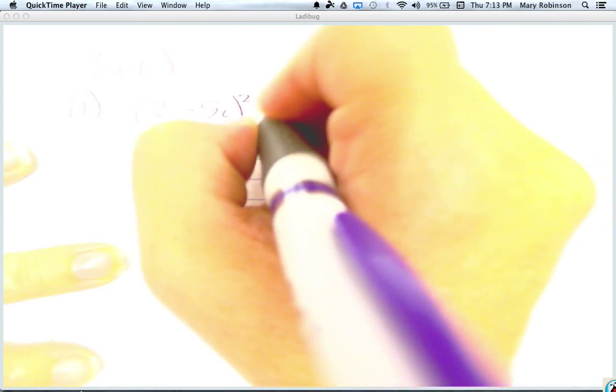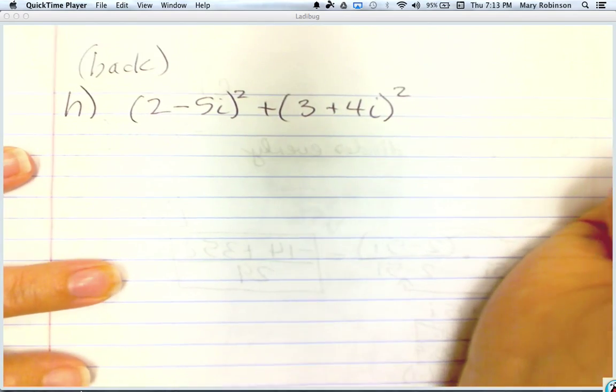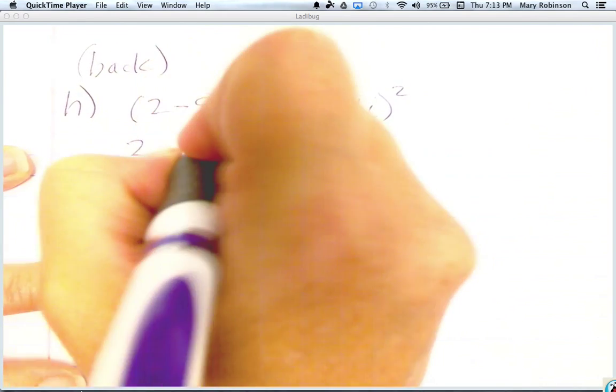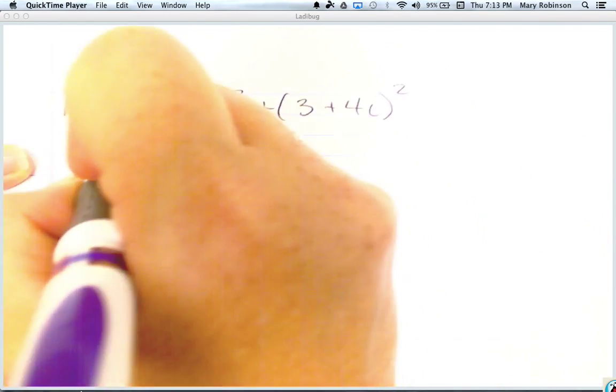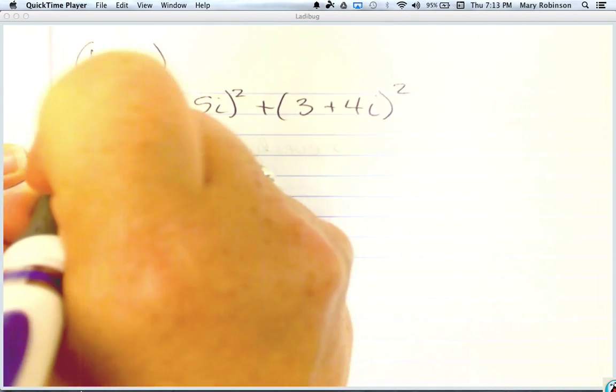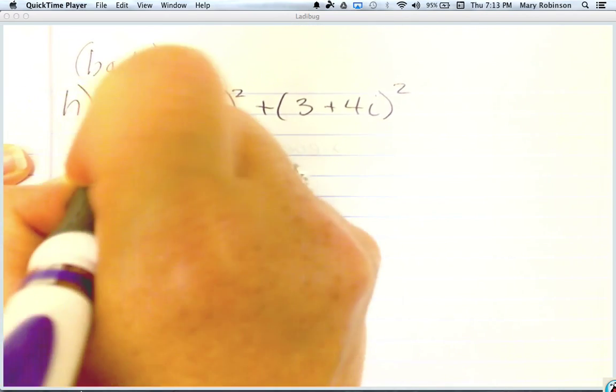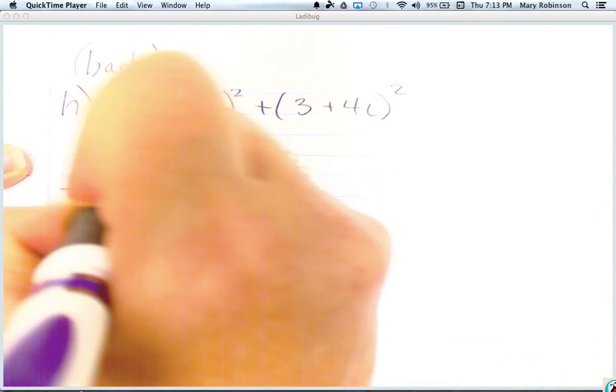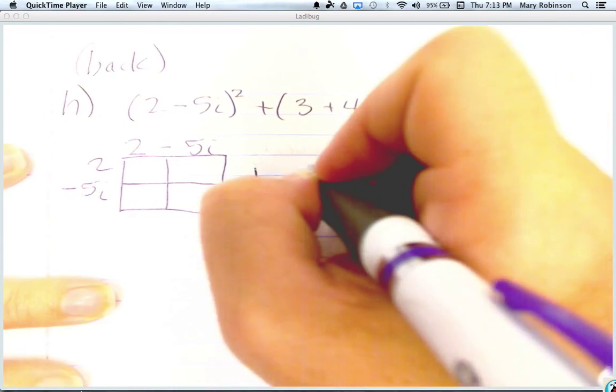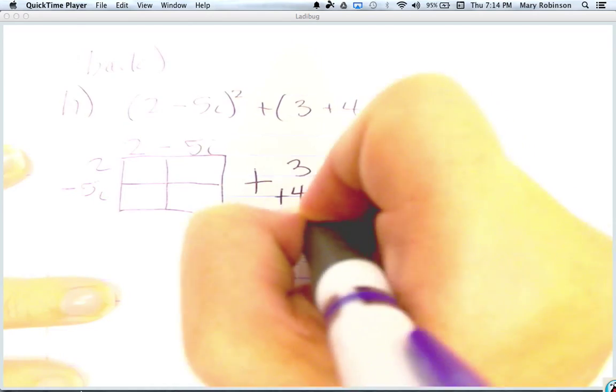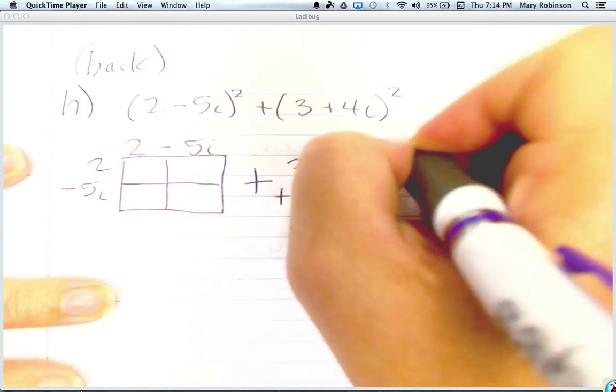2 minus 5i, quantity squared, plus 3 plus 4i, quantity squared. So I'm going to do the box for each one of these. Remember, we write this twice. And I'm going to put a plus sign in between them and do the box for the second one.